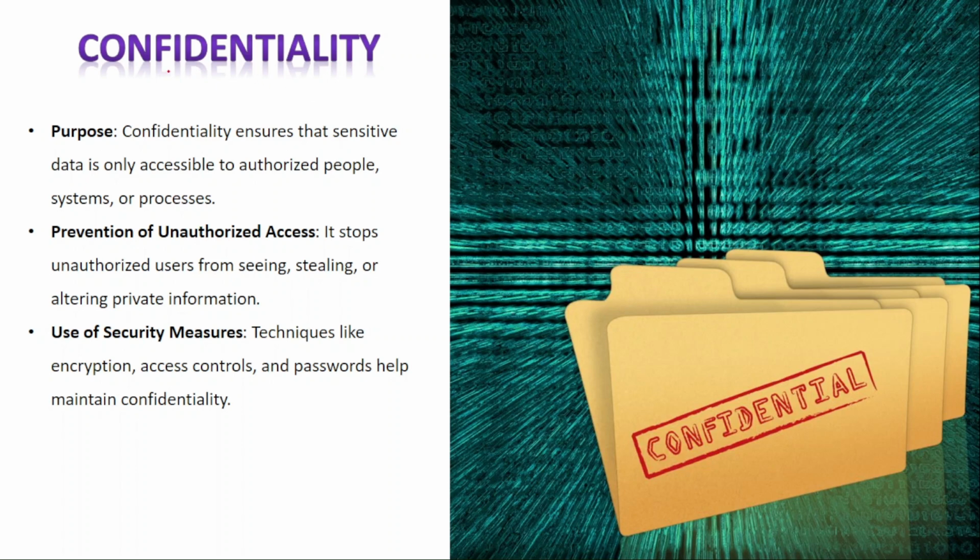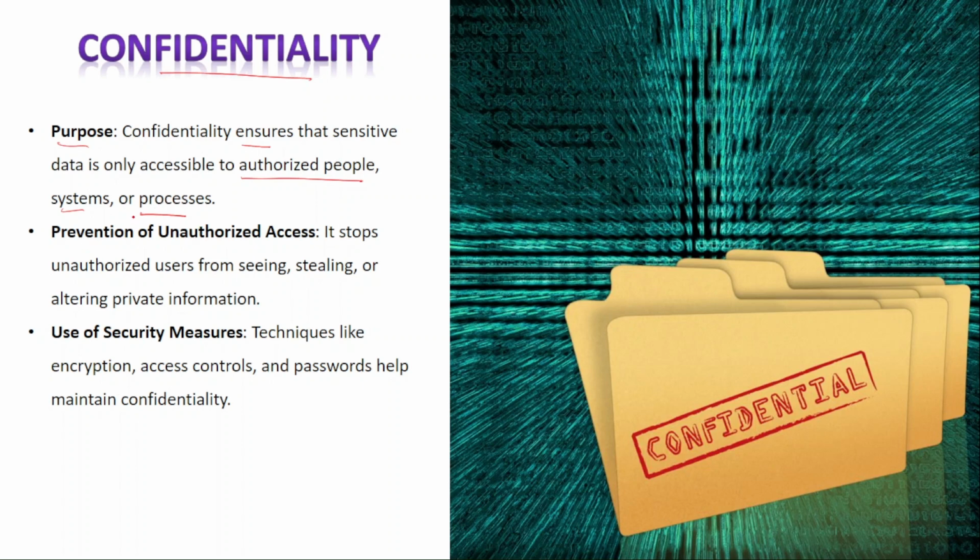Number one is confidentiality. What is confidentiality and what is the purpose of confidentiality? Confidentiality ensures that sensitive data is only accessible to authorized people, systems, or processes. What does this mean? That unauthorized persons cannot see, or unauthorized systems cannot access, the sensitive or protected data.